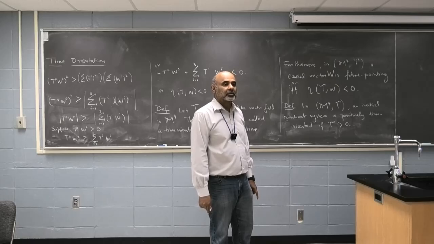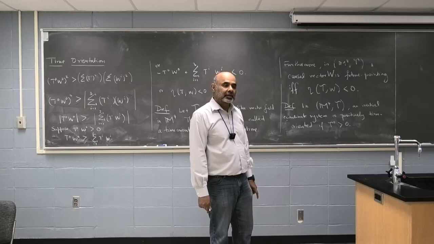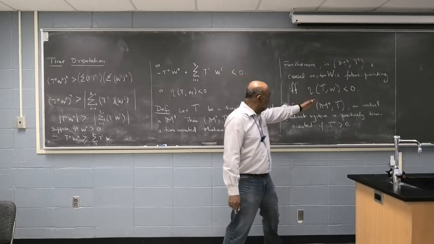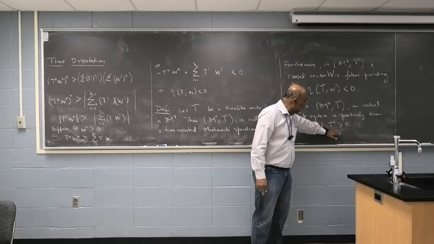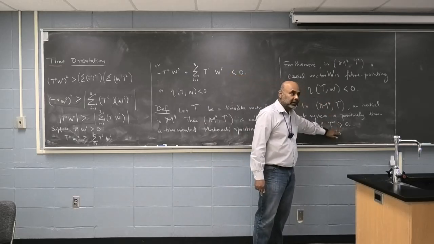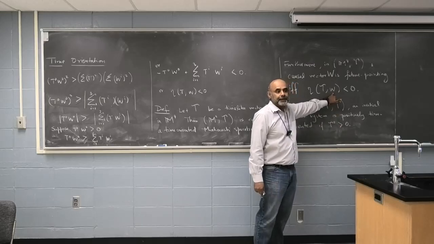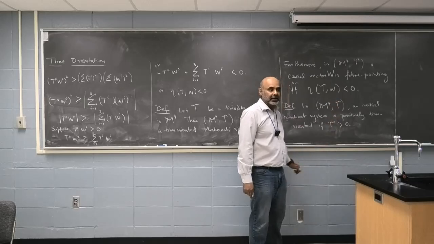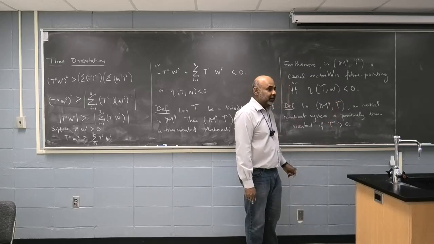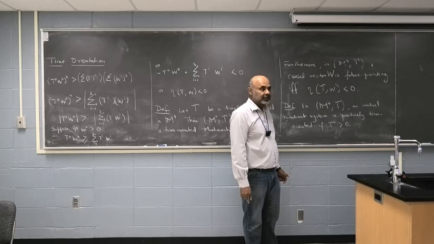future pointing if eta of TW is less than 0. But this is always the case, but if this is the case, for a future pointing vector, W0 has to be greater than 0. Oh, wait, hold on. Okay, so if W is negative, it would reverse the -1 in the Minkowski metric, making it greater than 0. Yeah, but then also if T0 was less than 0.